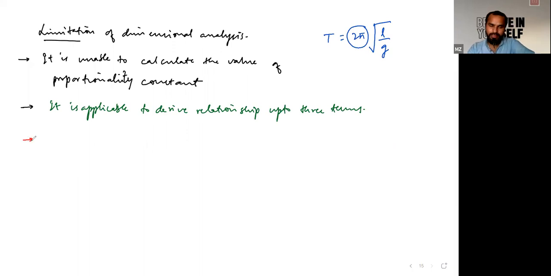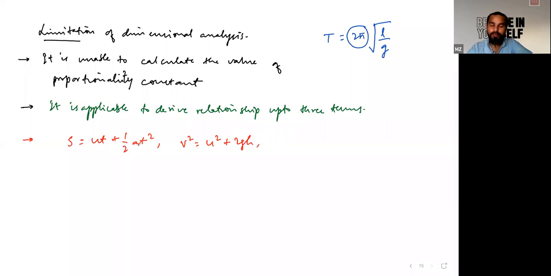There is one more limitation. In all of the previous problems, I defined you to find a relationship, whether that relation is in product or in division. We haven't solved any problem related to a plus sign or minus sign. Suppose you have an equation like s is equal to ut plus half at squared, v squared is equal to u squared plus 2gh, and so on.